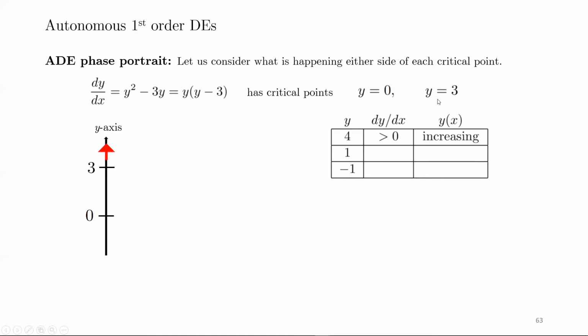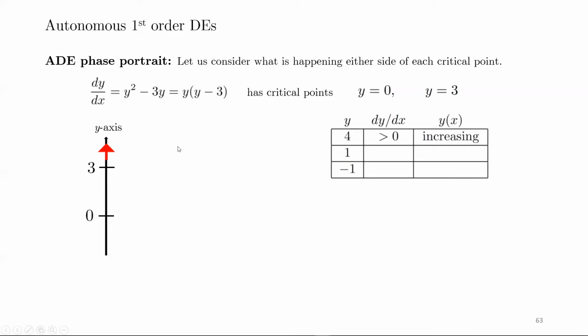So for y greater than that critical point 3, our slope is positive, so the value of y is increasing. So we can put an arrow over here on our phase portrait and say y is increasing whenever it's larger than this critical point 3.